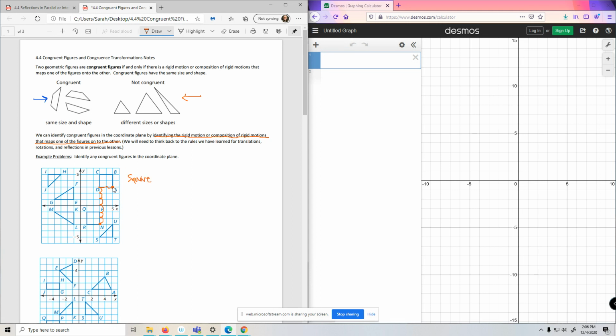So square ABCD is congruent to square PQRN. And what we did was we translated 2 units left and 6 units down.